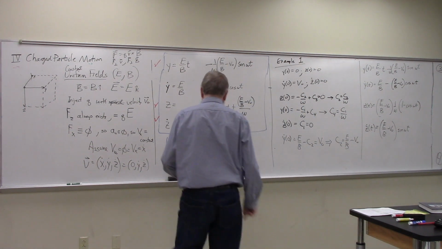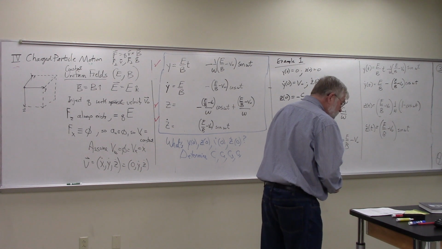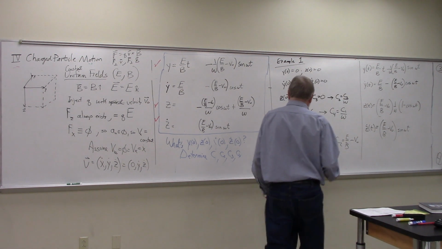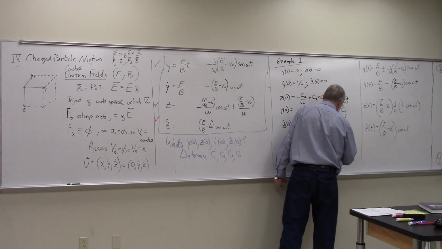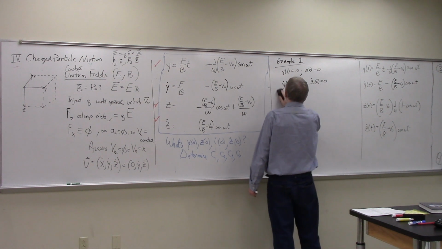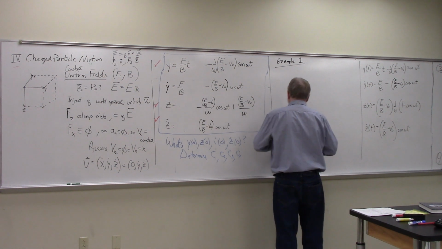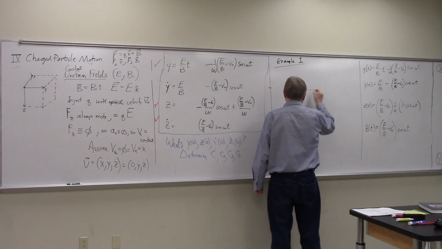Now, let's do an application of this. In my example 1, let's look at the device here. That is what we have on the board, actually. I'm going to put in a pair of capacitor plates.